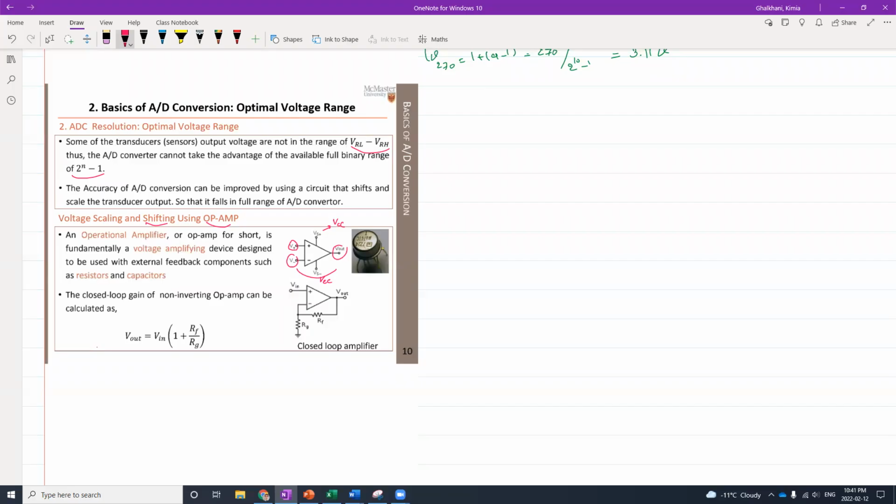So what does that mean? These are the power supply terminals. When you use bipolar junction transistors, the BJTs, inside the op-amp, the power supply corresponds to the collector and emitter. That's why we call them VCC or VEE.